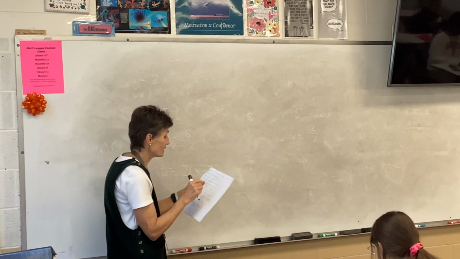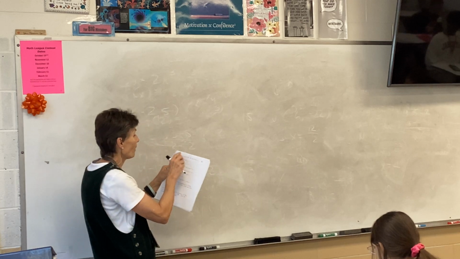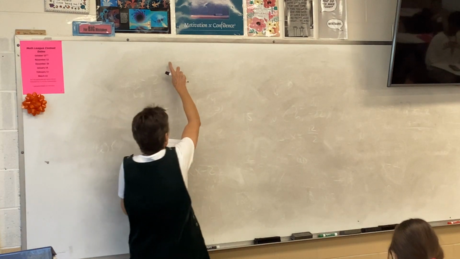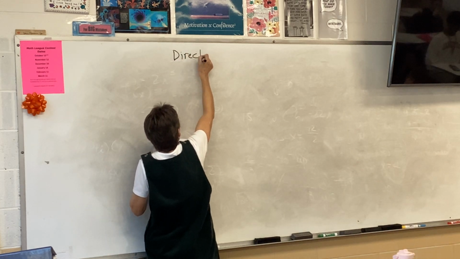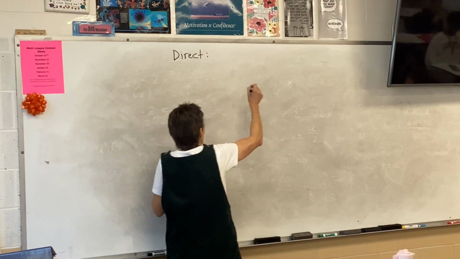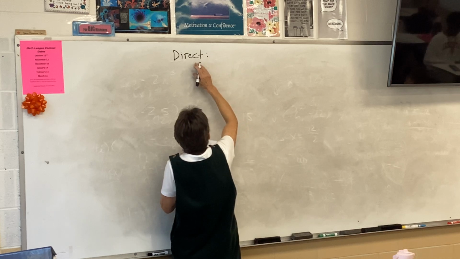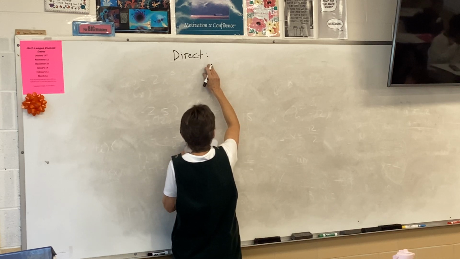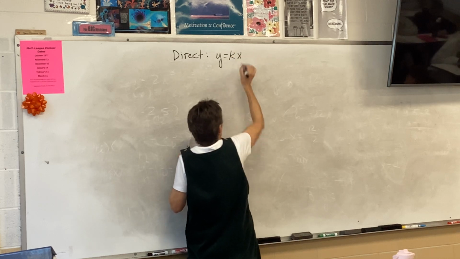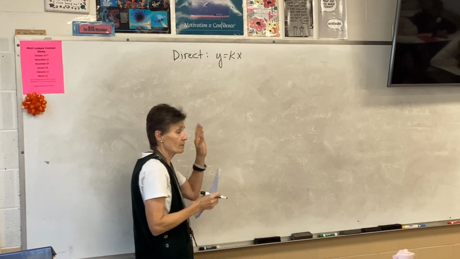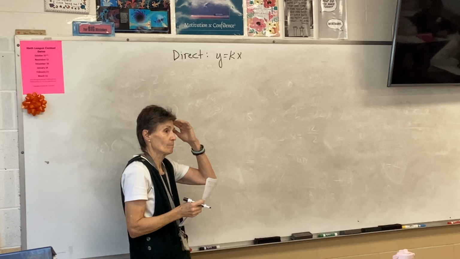At the very top, I need you to write down these two formulas. If it is direct variation, it's y equals kx, where k is some number.